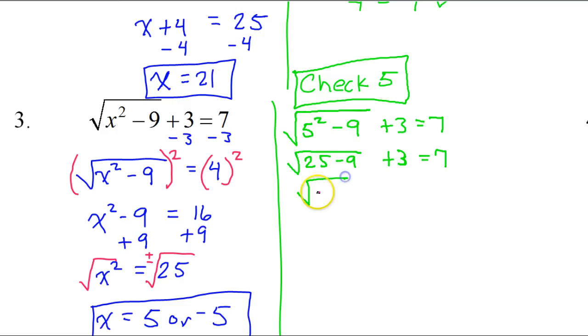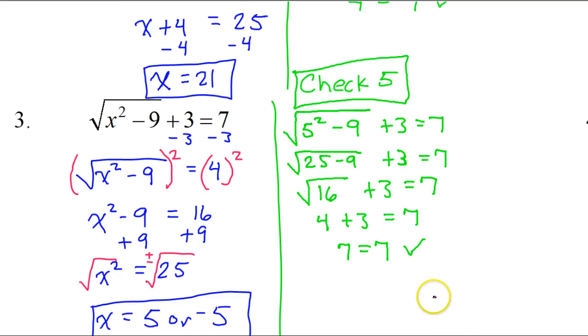So this would be the square root of 16 plus 3 is equal to 7. Square root of 16 is 4. So that would be 4 plus 3. And 4 plus 3 does equal 7. So we have 7 equals 7. So that does check out.